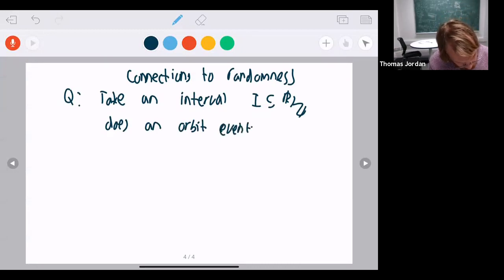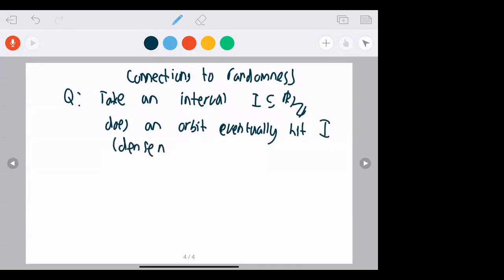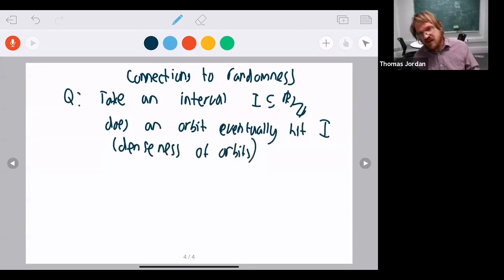However we choose the interval, does an orbit always eventually hit the interval I? This is the property often referred to as denseness of orbits.